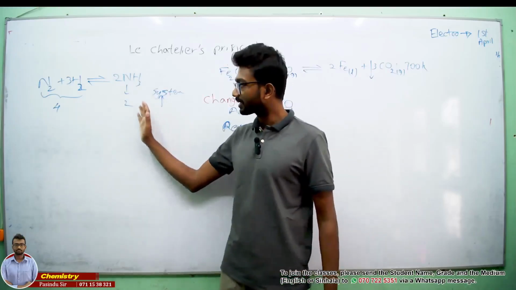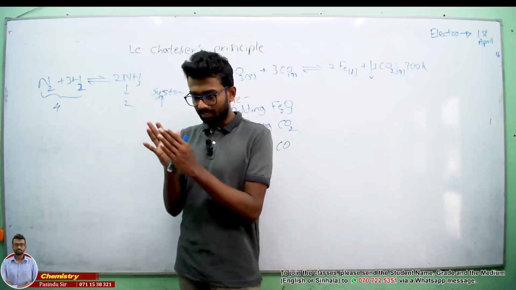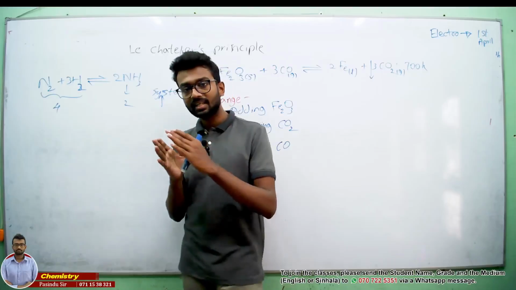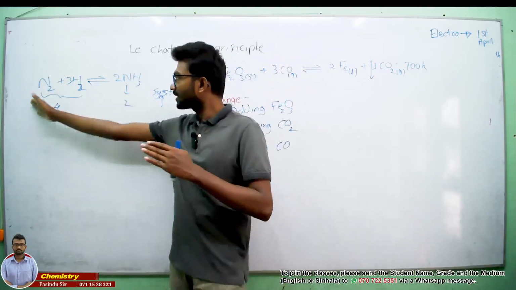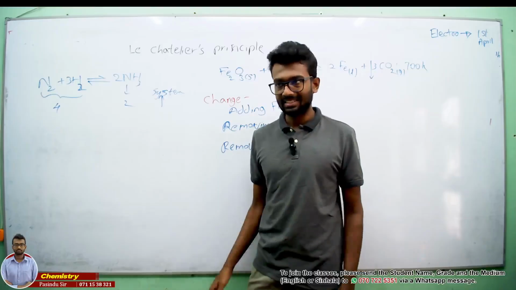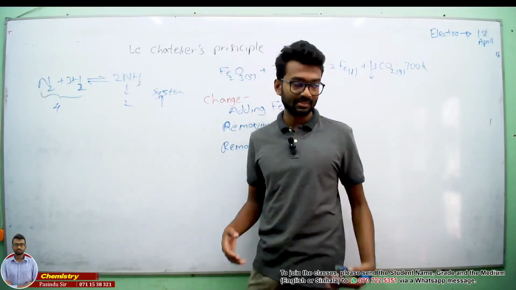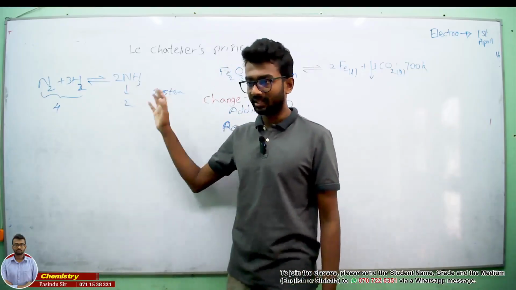The system can increase the pressure by shifting to the side that has more gas particles, right? That is, by shifting to the side with more gas particles it can increase the pressure. It tries. The system tries to move to that side.